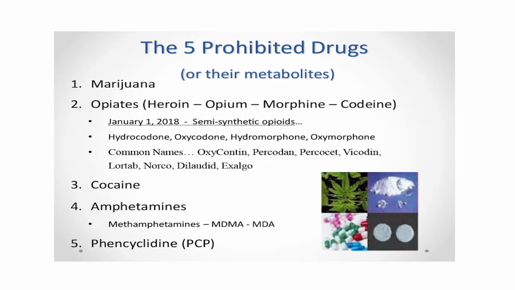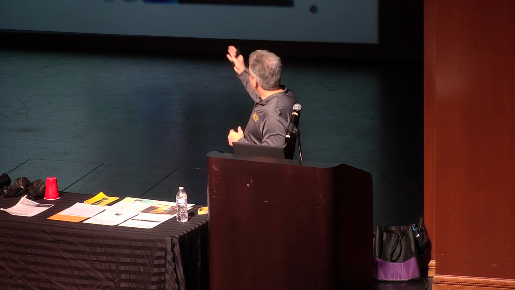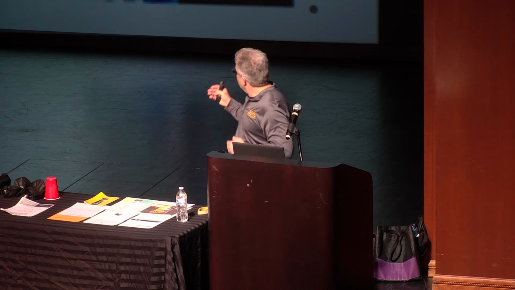All right, so now let's talk about the 5 prohibited drugs from the DOT. Marijuana, opiates, and you see on opiates, in 2018, they added the semi-synthetic opioids. Opiates means the direct derivative of that poppy plant.